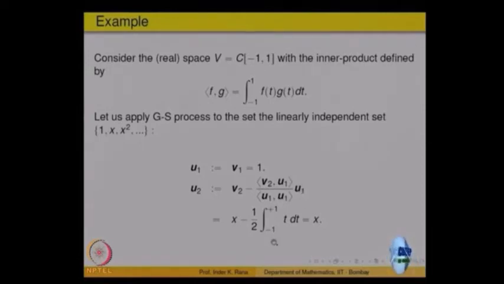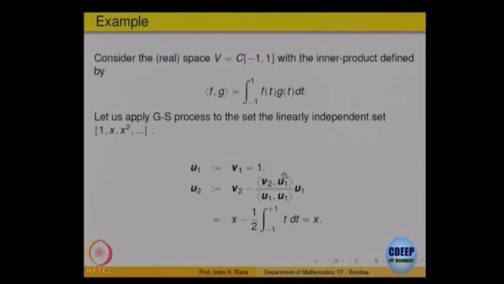If you compute that, it comes out to be half of the integral from minus 1 to 1 of t dt, and that integral you can compute, that is obvious. This part is 0, because the integral from minus 1 to 1 of the odd function t is 0. So u2 is equal to x.